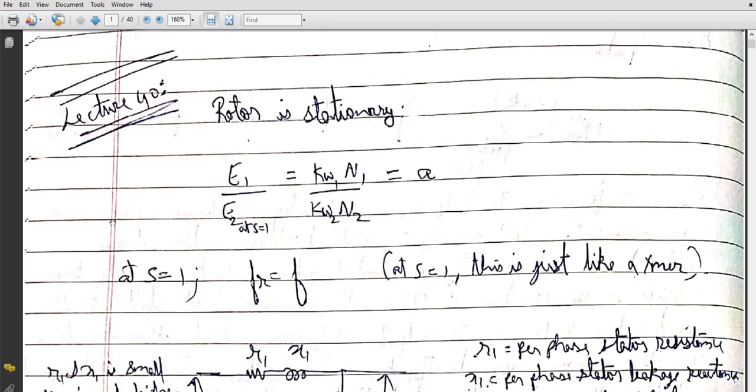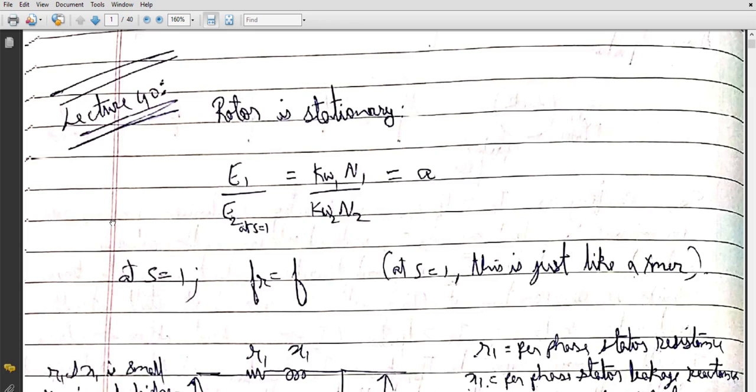Accordingly, all the parameters of the rotor change, especially the induced voltage E2. The standstill reactance also changes. Why? Because the reactance value is 2 pi f L. So reactance depends on the frequency, and as soon as the rotor starts rotating, the rotor frequency changes.